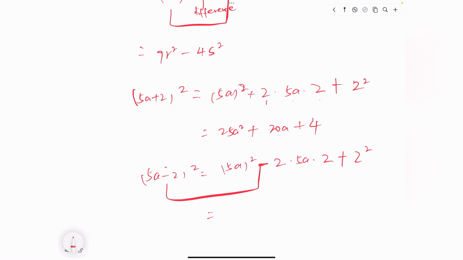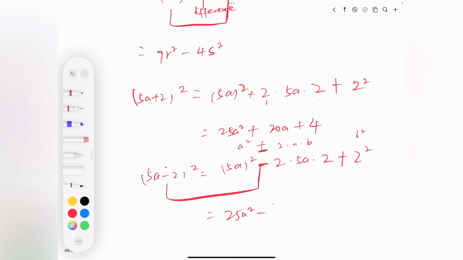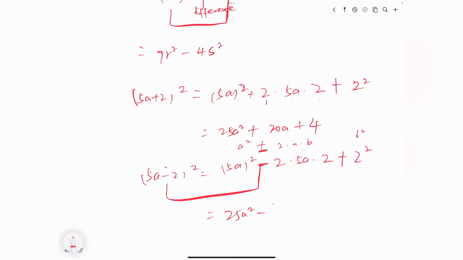The sign here will affect the sign of 2ab. This is b squared, this is a squared. So if you have a negative, that's a negative. So that's 25a squared minus 20a plus 4.